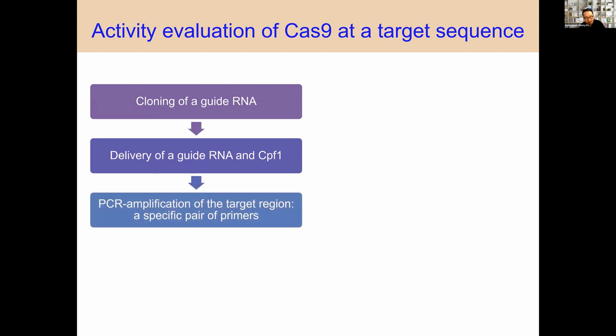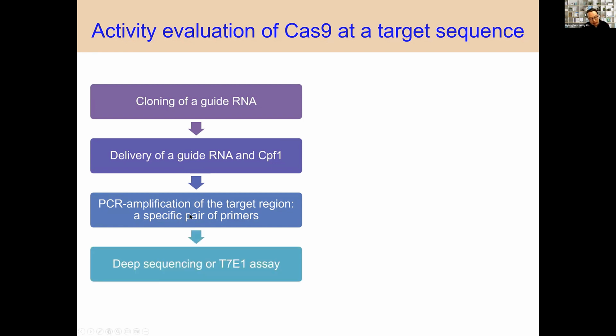Then we wait 3 days, harvest cells, isolate genomic DNA, and PCR amplify the target sequence using a specific pair of primers. Then those amplicons are subject to deep sequencing or T7 assay to determine the indel frequency at the target sequence, which represents the activity of Cas9 or Cpf1 nuclease at the target sequence.